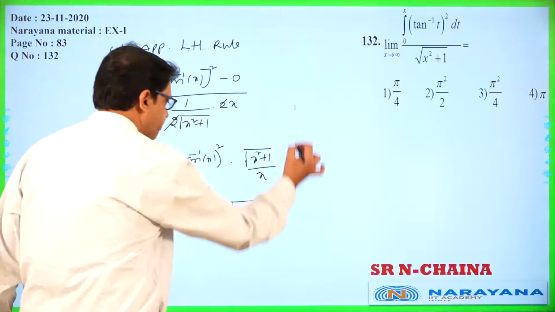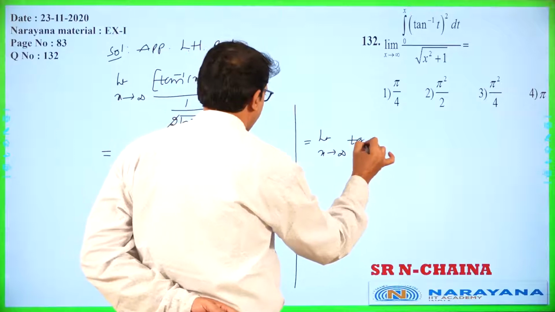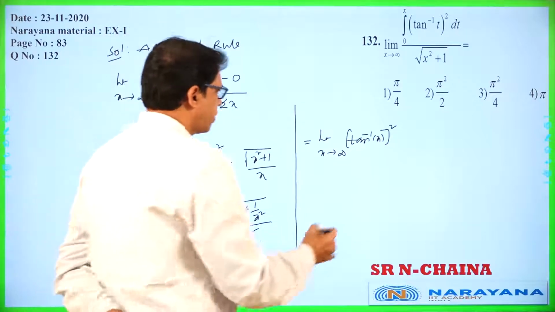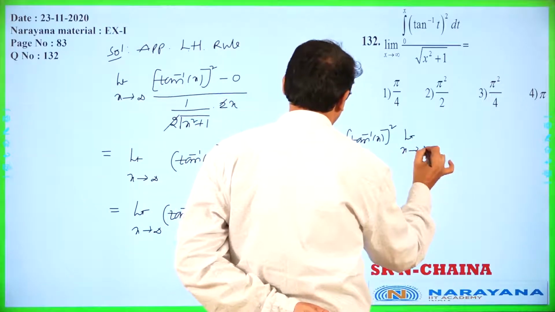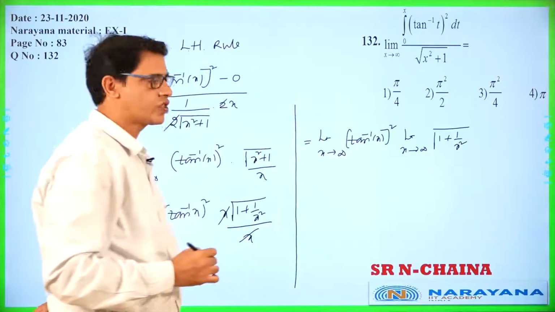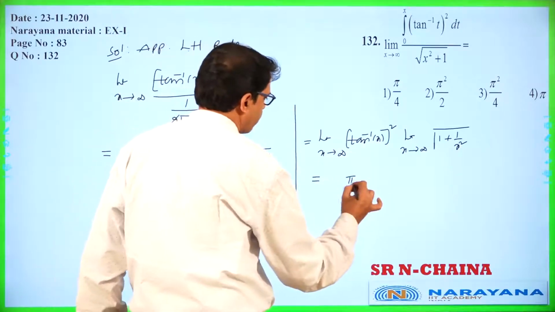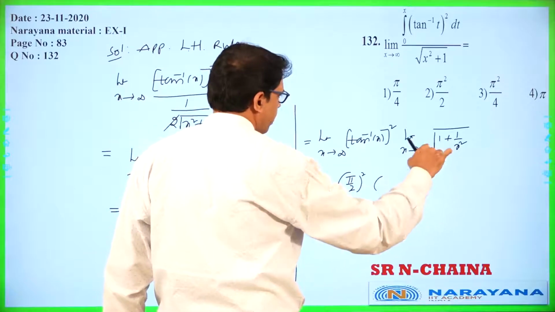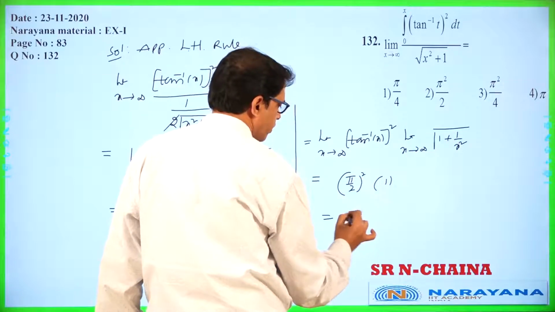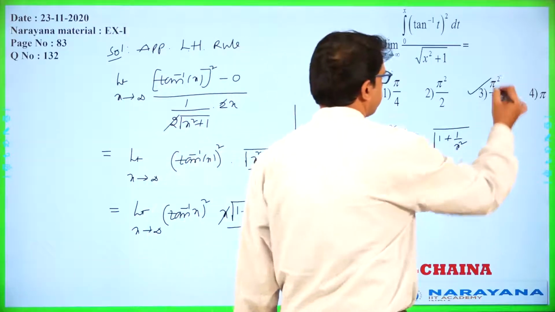Limit of tan inverse of x whole square, then limit of root under 1 plus 1 by x square. Tan inverse of infinite means pi by 2, so it is pi by 2 whole square, into, as x tends to infinite, 1 by x tends to 0, so 1 plus 0, this will be 1. So that equals pi square by 4, which means option 3.